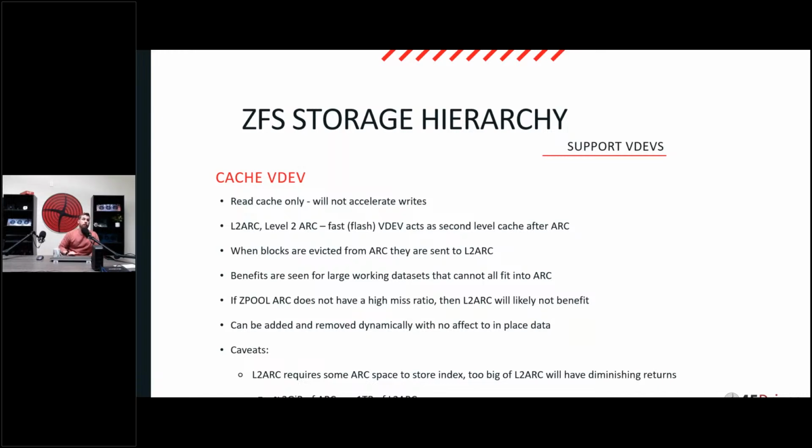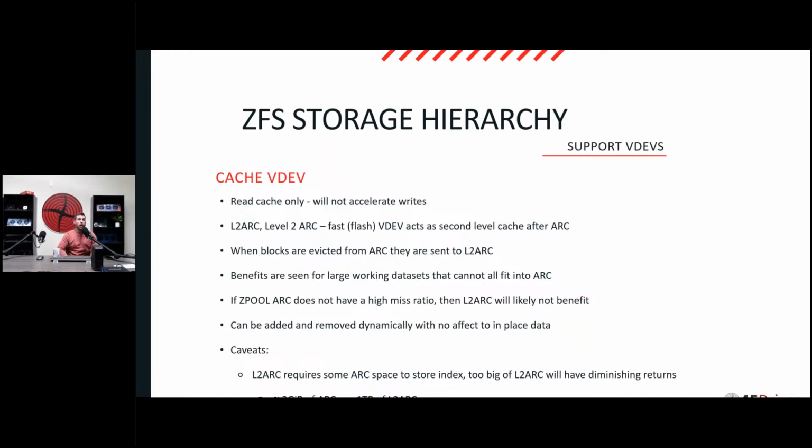So if the Z pool's ARC does not have a high miss ratio, then an L2 ARC will likely not benefit. That means that everything is within the ARC, or within memory, and I always say that, and most people I think would agree, that you should always max out your RAM or add more RAM before adding an L2 ARC. So there are some caveats with it.